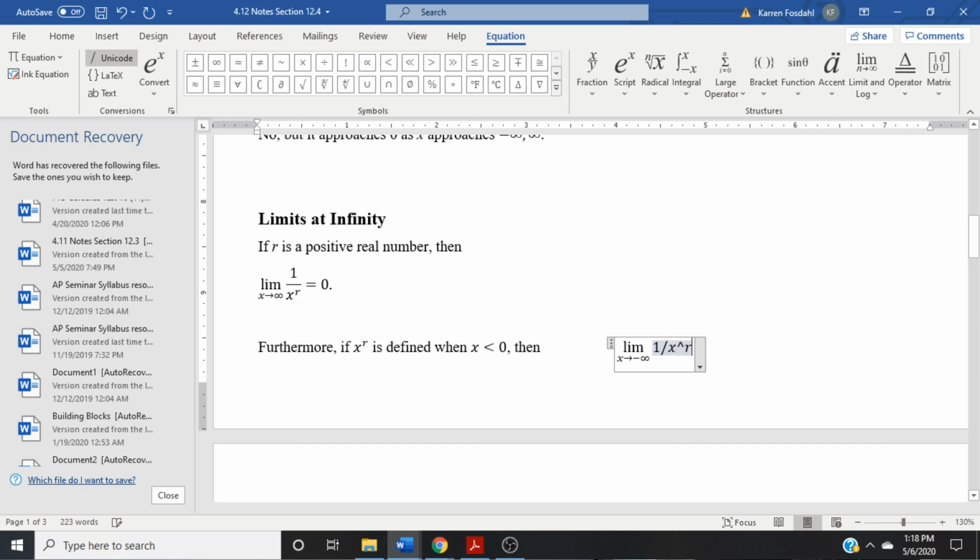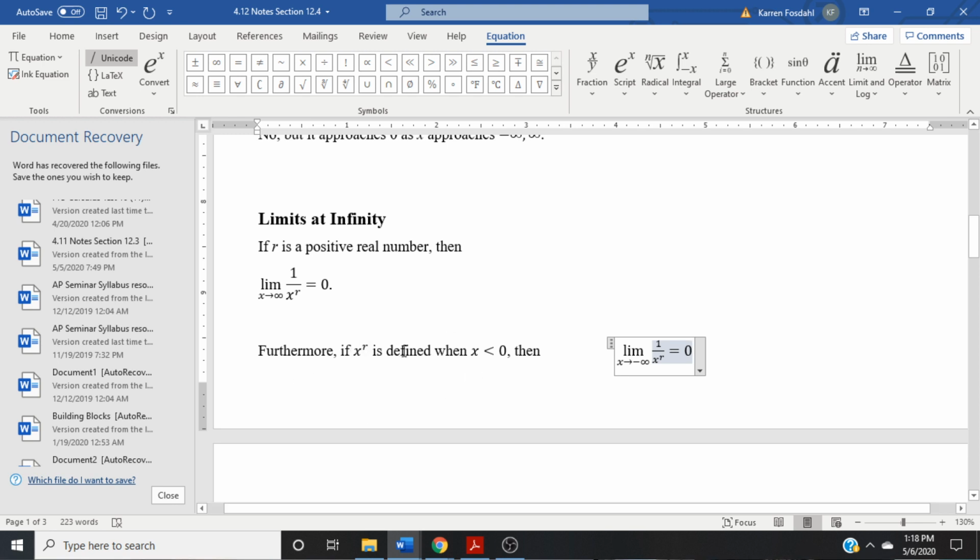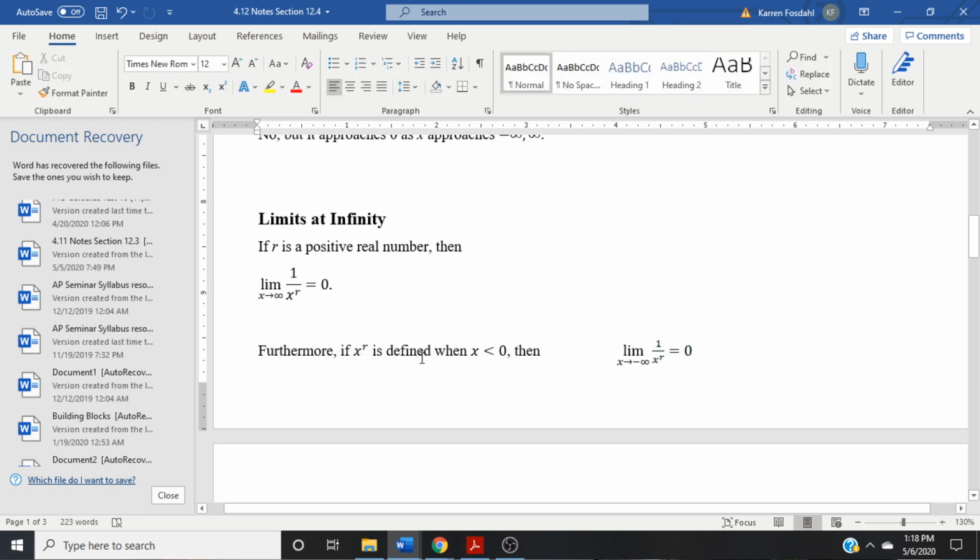So 1 over x to the r will also equal 0. What defined means is that we can actually plug in x values when x is less than 0. If that function is defined in the negatives, then this limit exists.